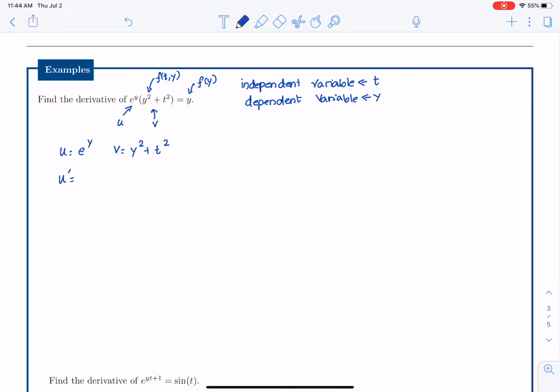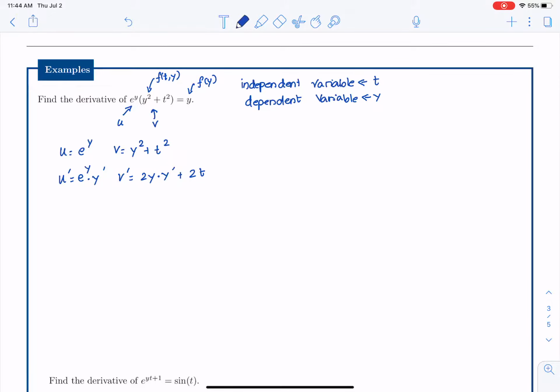So we're going to treat y as x, but multiply it by y prime. So e raised y times y prime. V prime, y squared, is a function of y. We're going to treat it as x. So the derivative of y squared is 2y and multiply it by y prime. The derivative of t squared is simply 2t.